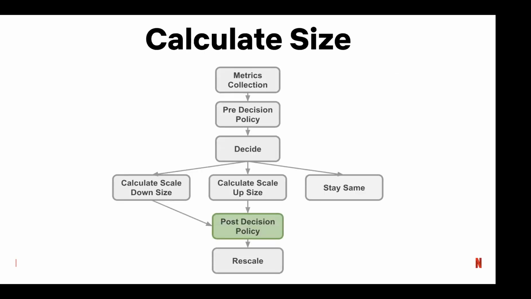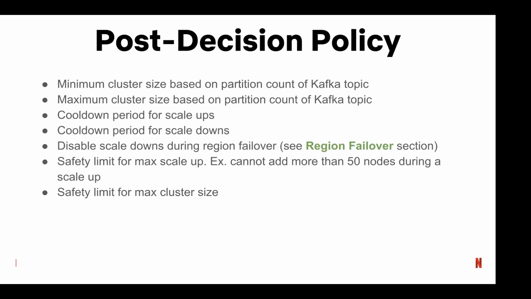So now that we've calculated a new cluster size for our router, we need to go through the post-decision policies. The post-decision policies provide some guardrails. It enforces a minimum cluster size because we don't want to scale down clusters so much that a single Kafka consumer has too many partitions to handle.